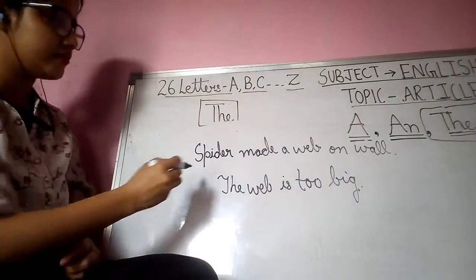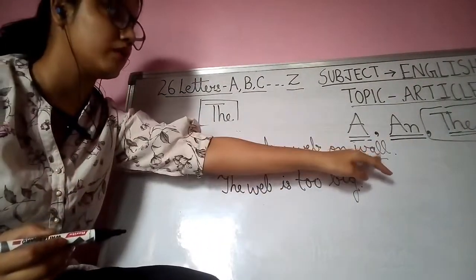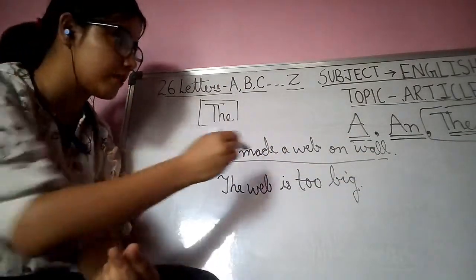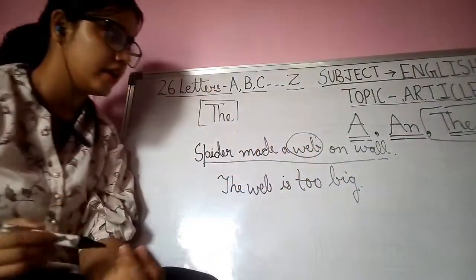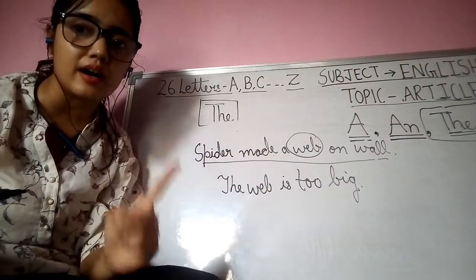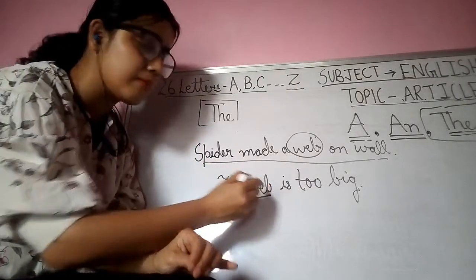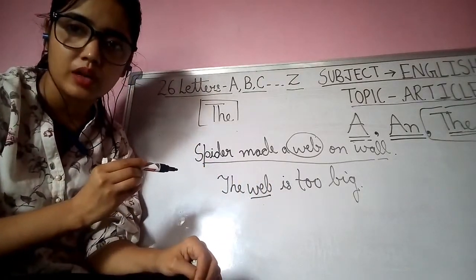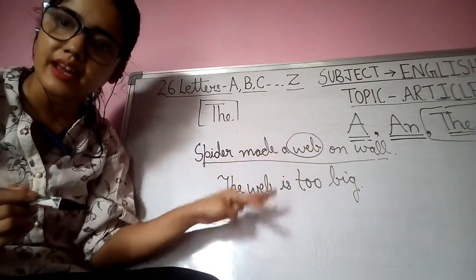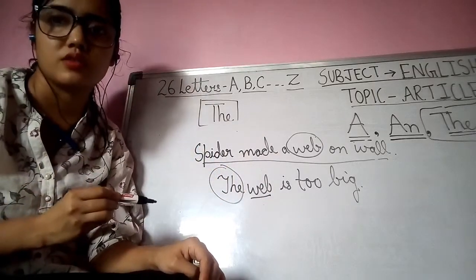Here in the first sentence: a spider made a web on the wall. Here we are talking about a web. At first we say that the spider has made a web. In the second sentence we are talking about the same web. So we are using the word twice, and the second time we will use the before such words.